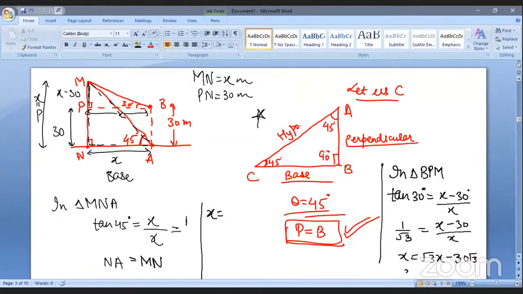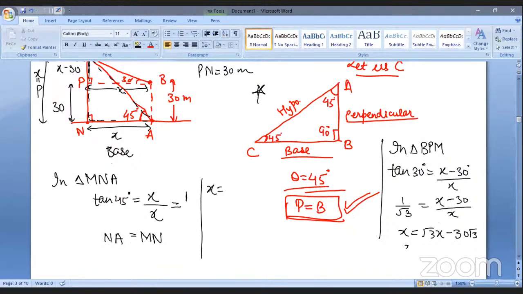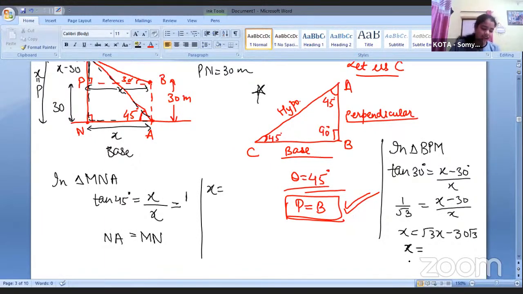If we rationalize it, 15 into 3 plus root 3, I think. Correct. Very good. Excellent. So x comes out to be 30 root 3 divided by root 3 minus 1.